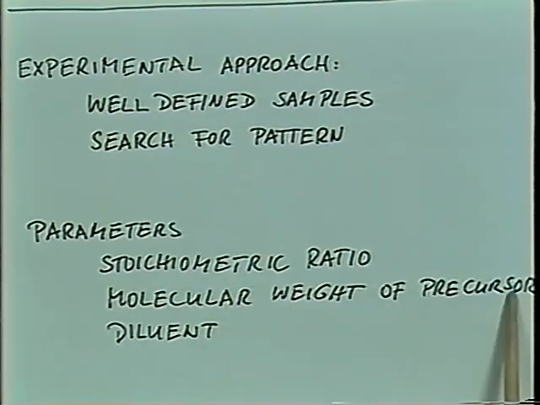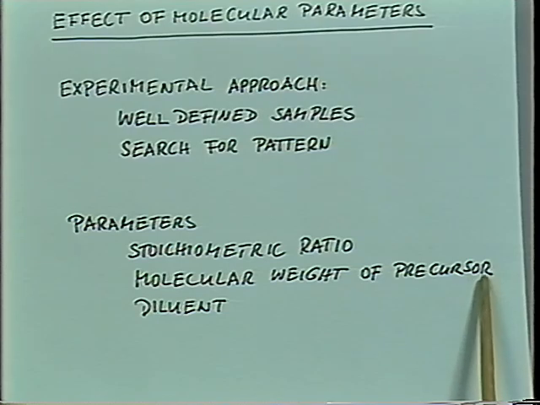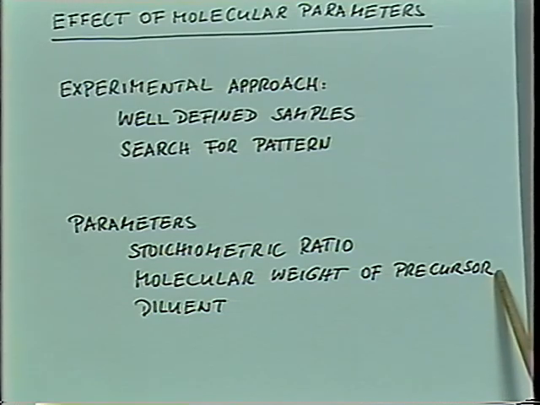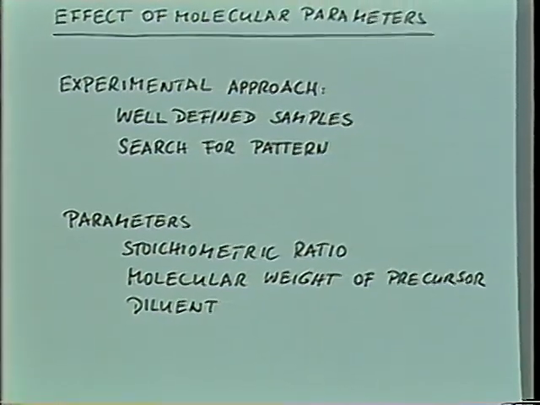We will change the molecular weight of the precursor. See, the viscosity is dependent on molecular weight of a material. The modulus of a material depends on the molecular weight, the modulus of a cross-linked material. So why not the material at the gel point also? And then we look at the effect of diluent, making a gel softer by putting a solvent into that system.